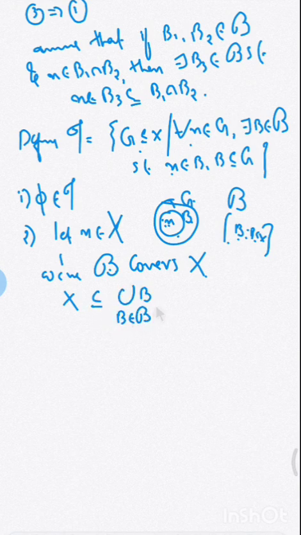The union of all members of script B will contain the whole set X itself. Okay, since small x is an element in capital X, small x belongs to this union, which implies small x belongs to the union of B, B in script B, which implies x belongs to B for some B in script B.